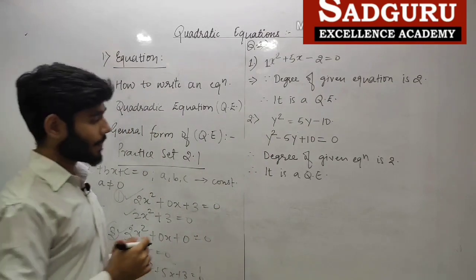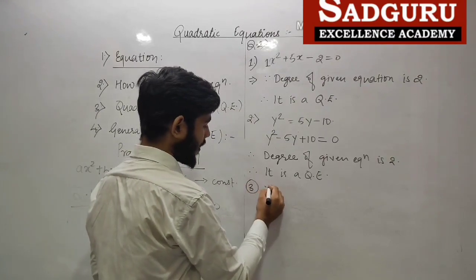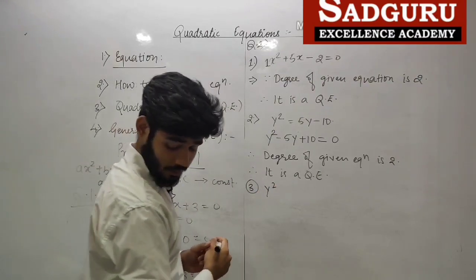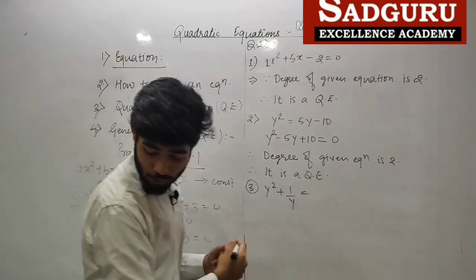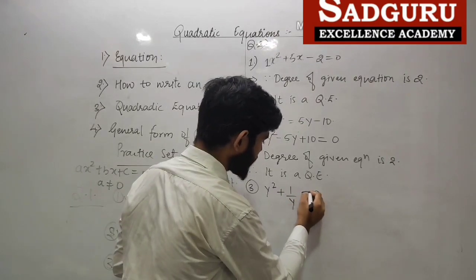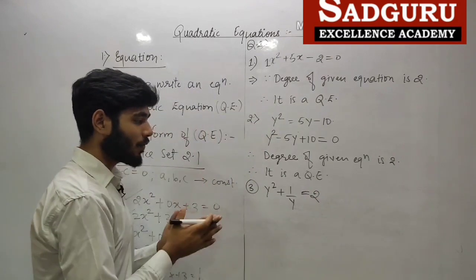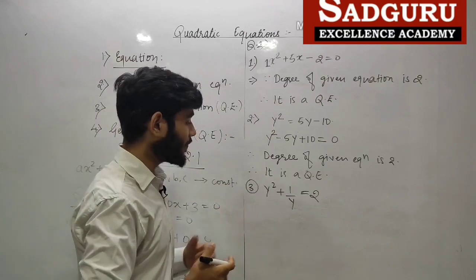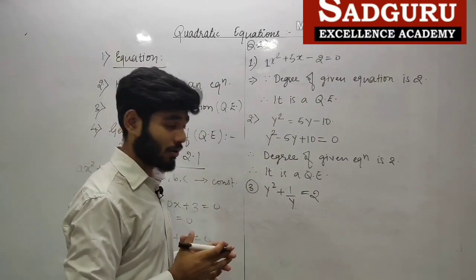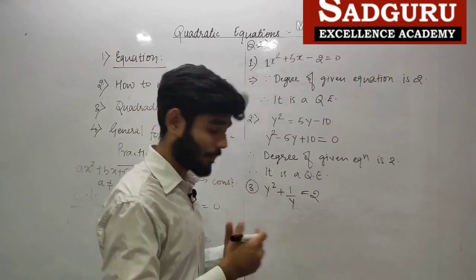The next question is y² + 1/y = 2. Before converting into general form, we cannot identify whether it is a quadratic equation or not. So first we have to convert this into general form.